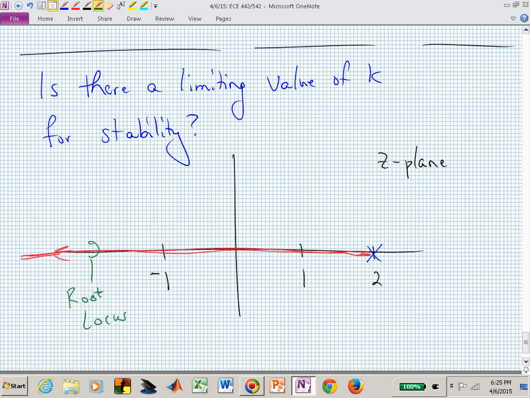Is it clear? Whoops. Maybe we're not stable. Was that stable? Only for certain values of k, right? What k's do I want? Where's the lower bound on stability?